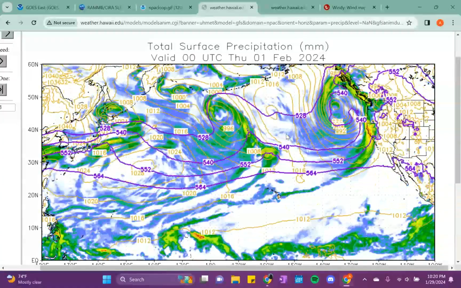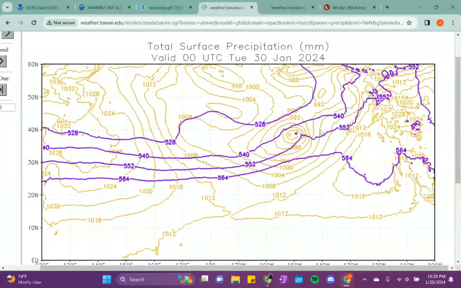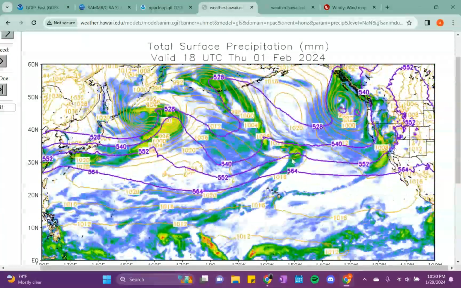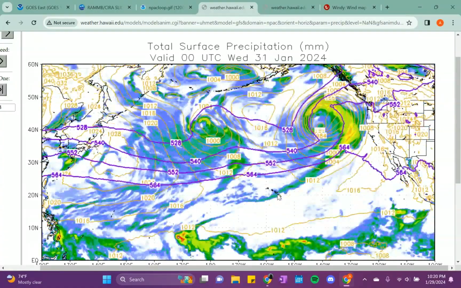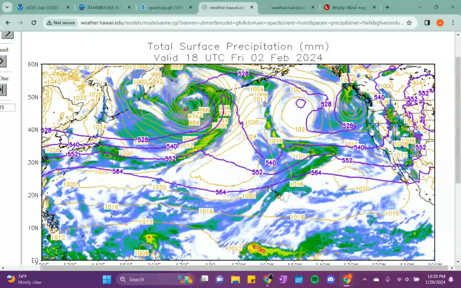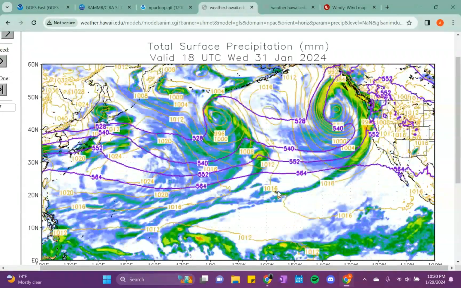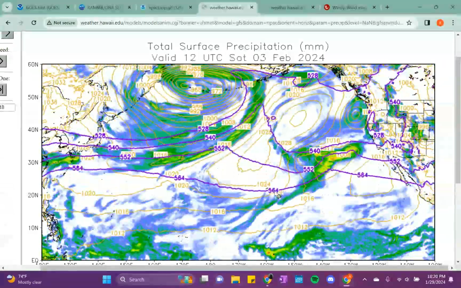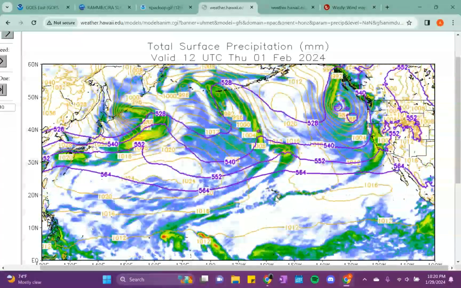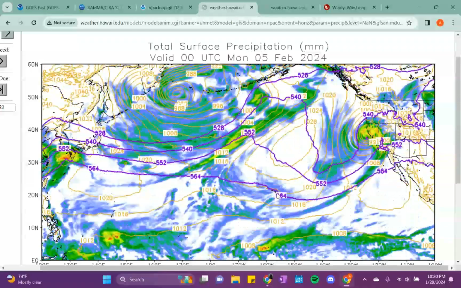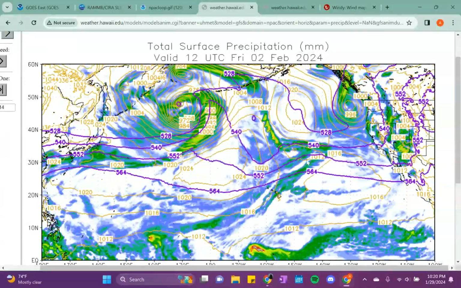And we see that storm system is going to continue off to the west, dissipate, and this secondary system is going to develop, possibly bringing some rain to Hawaii as indicated by this green coloring that occurs at around the first couple days of February. We'll see some more precipitation is possible thanks to this developing system.